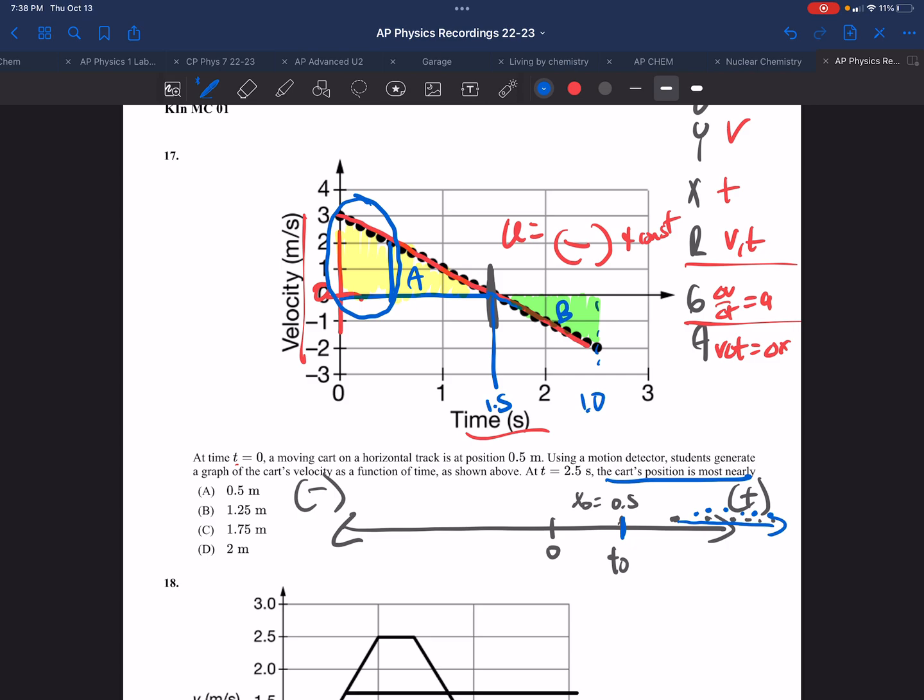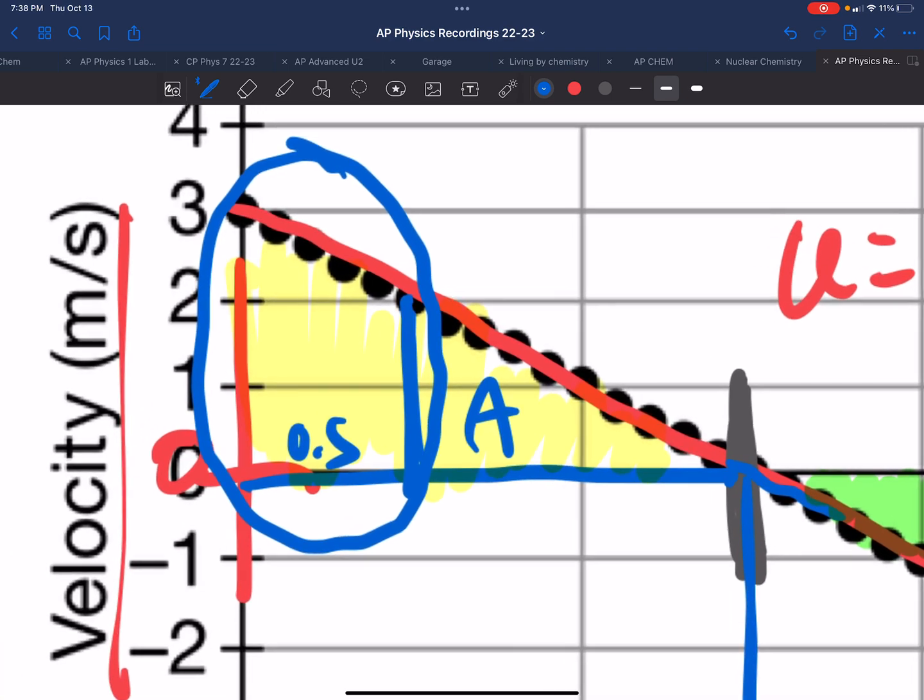Now remember, the area is delta x. Delta x is x minus x0, so the position x is delta x plus x0. So we know the x0 was 0.5. We're told that in the beginning. And the delta x is going to be this area. This area is 0.5 on this side. And the height, at 0.5 seconds, it's 2, and at 0 seconds, it's 3. So that means the average is 2.5.